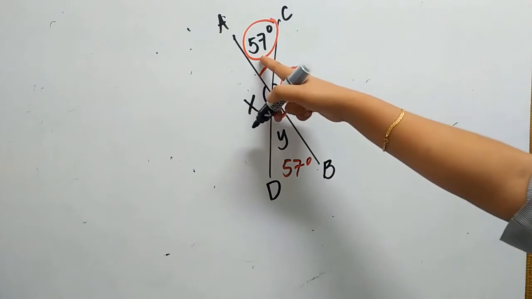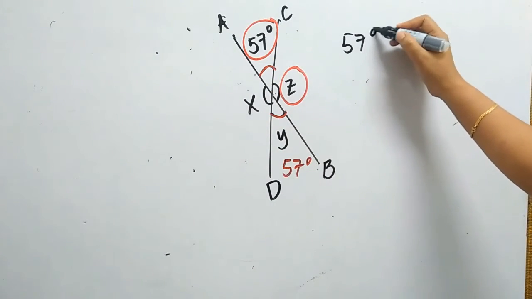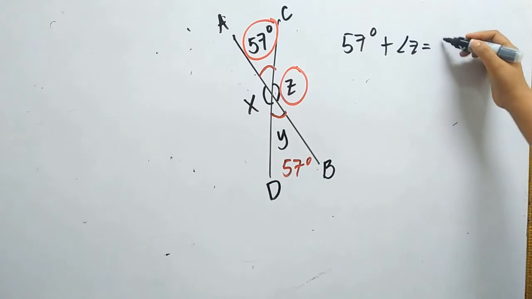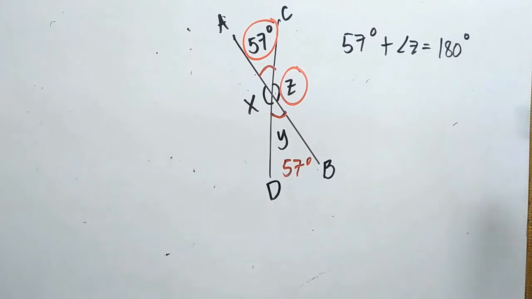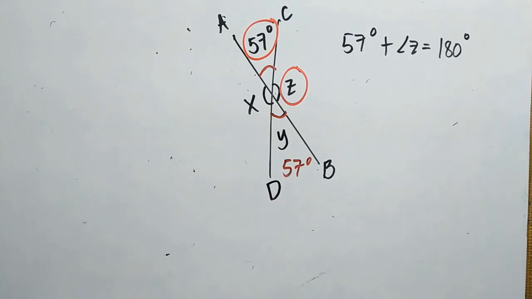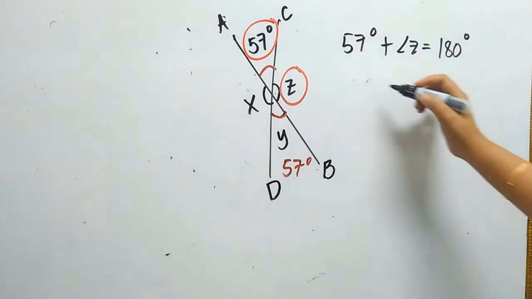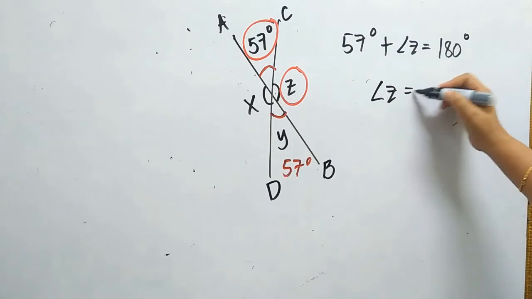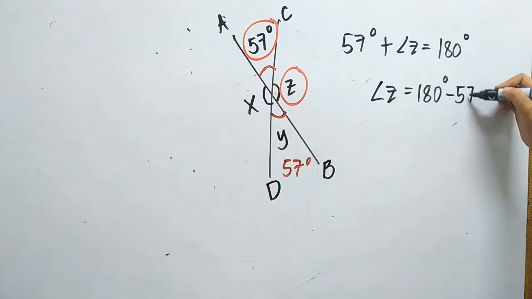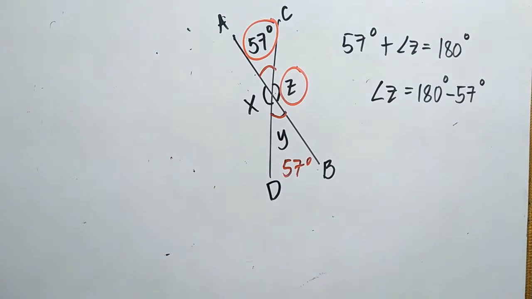It means 57 degrees plus the angle Z is equal to 180 degrees. Now, how are we going to find angle Z? Very good. We're going to subtract. Angle Z is equal to 180 degrees minus 57 degrees.